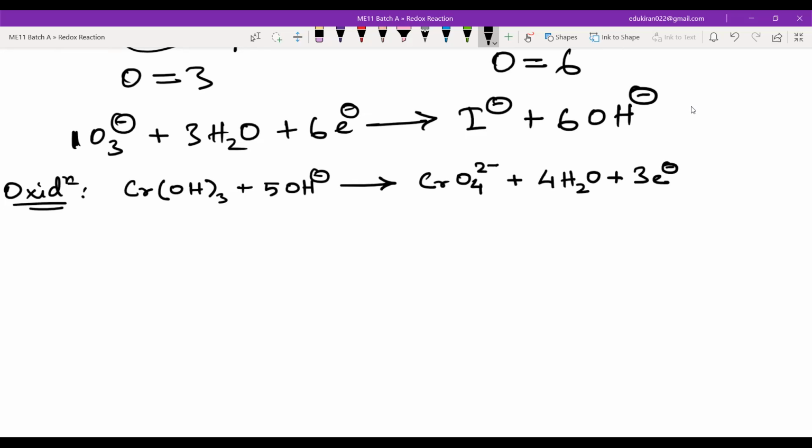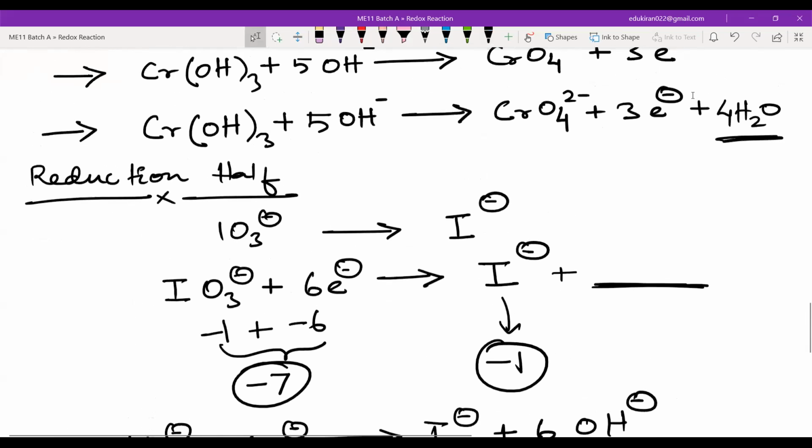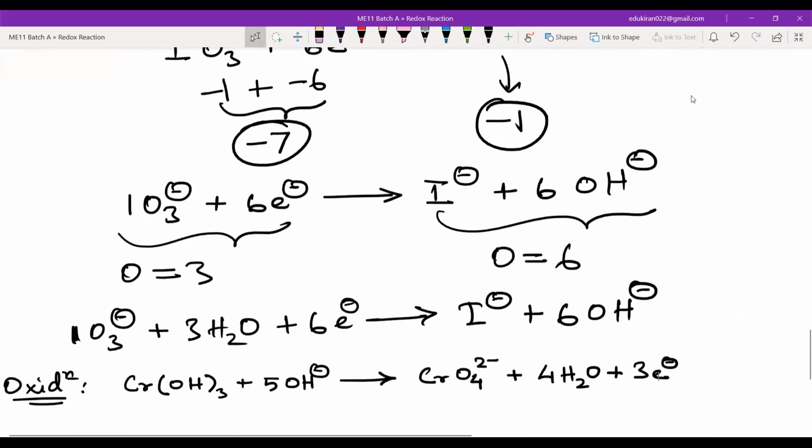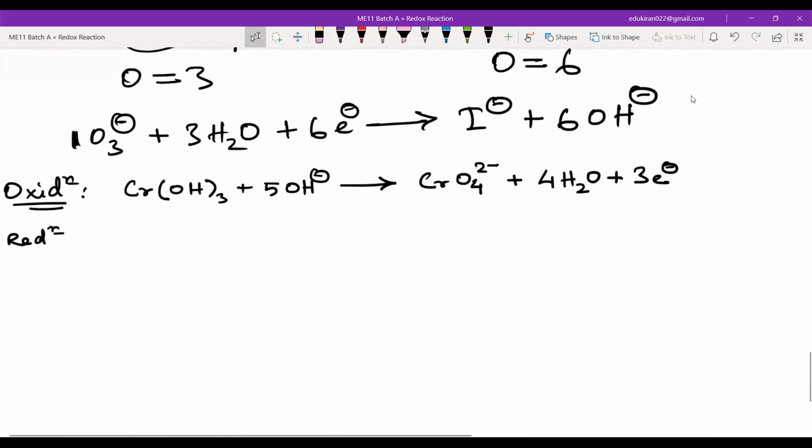So when you are adding this oxidation half and reduction half, the number of electrons should be the same. Is it the same here? No. What do I need to do to the oxidation half? Multiply by 2. Okay, multiply by 2. So then I will write it here like this.